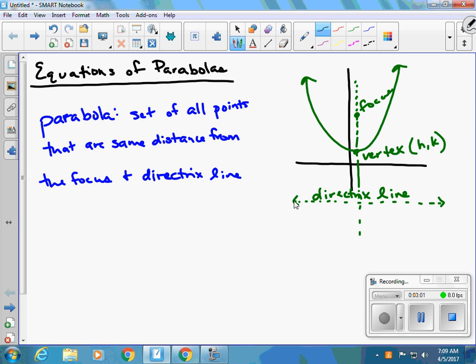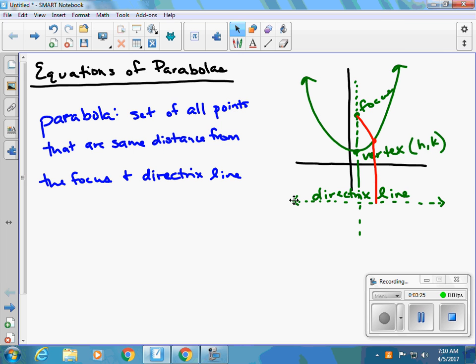What this means is any point that I pick on this parabola is going to be the same distance from the focus and the directrix. Obviously, based on my picture here, it's not actually the same, but when we figure this out algebraically, it will be the same exact distance.